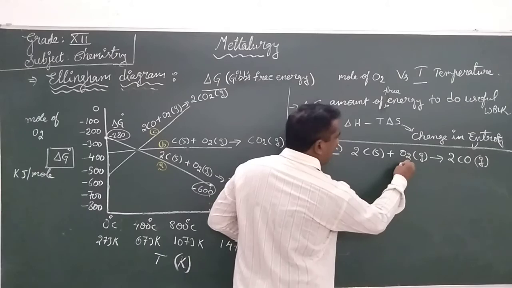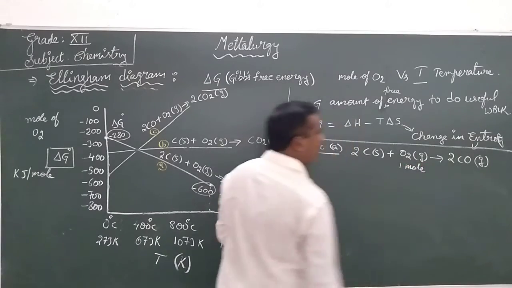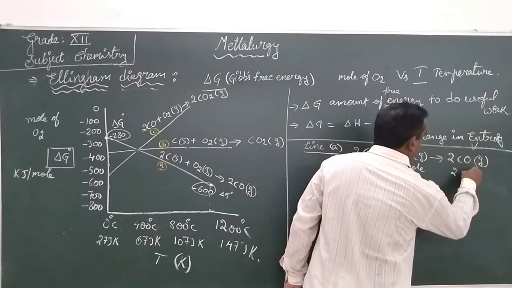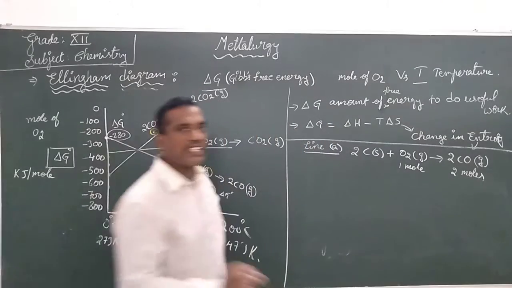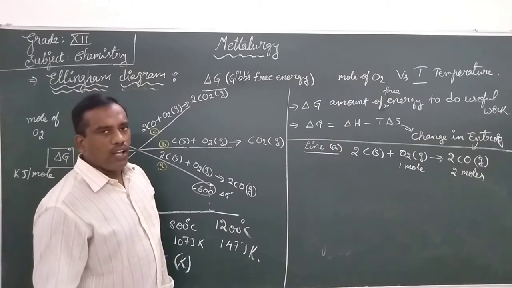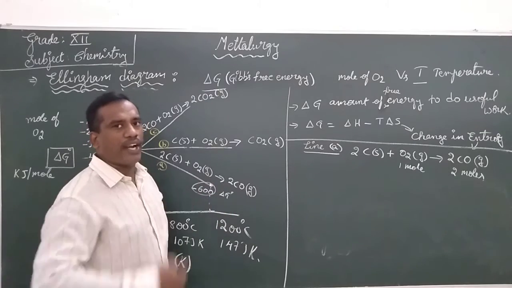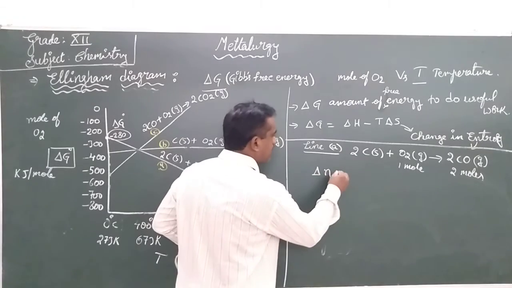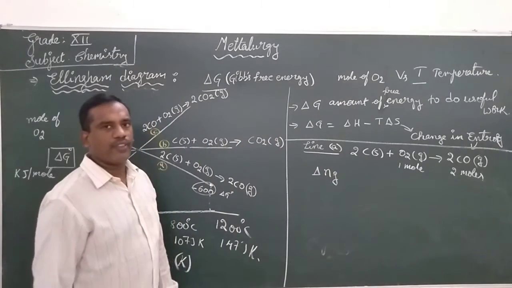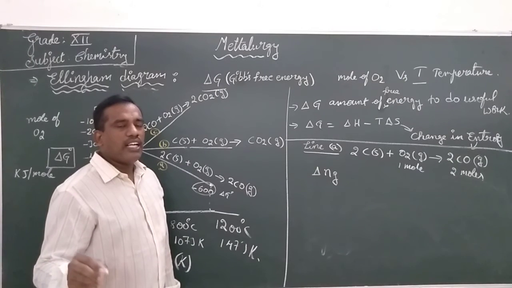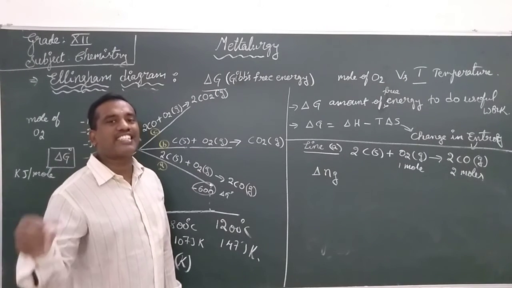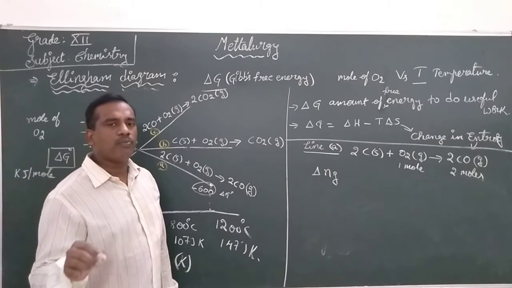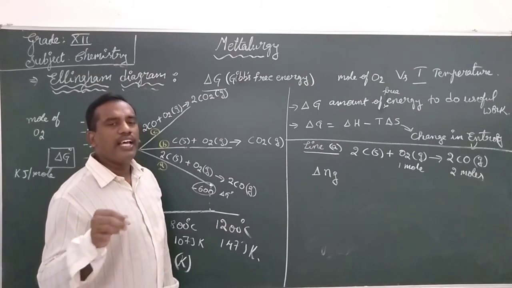Here on the reactant side, we have only 1 mole of gaseous substance, and on the product side, we have 2 moles of gaseous substances. To continue this point, we want the key point from thermodynamics, that is delta Ng, the change in number of moles of gaseous substances in a reaction.